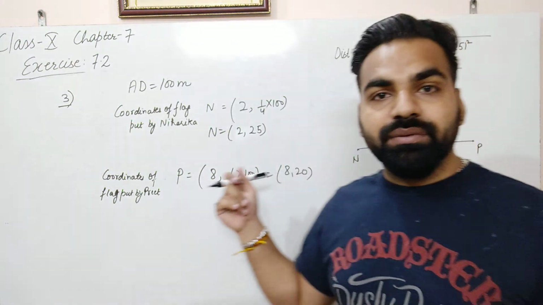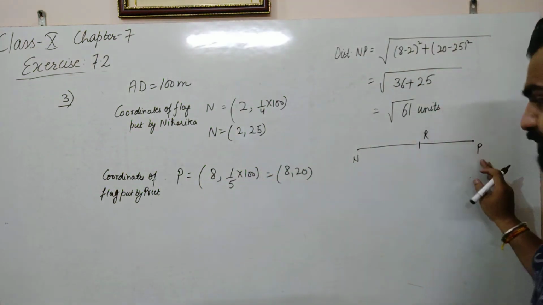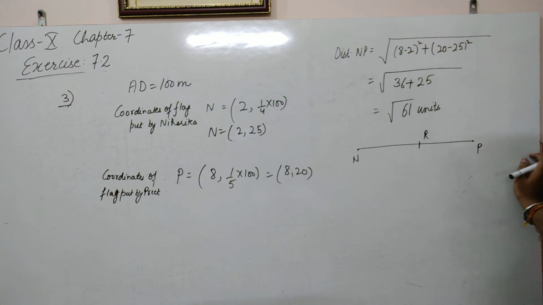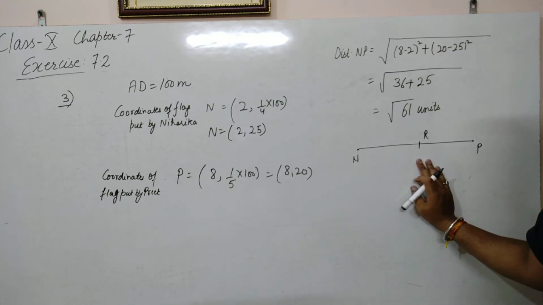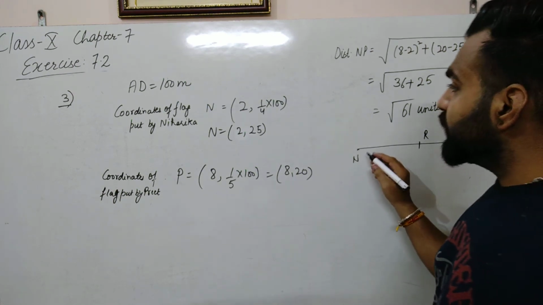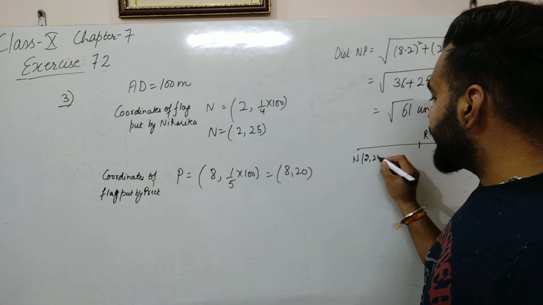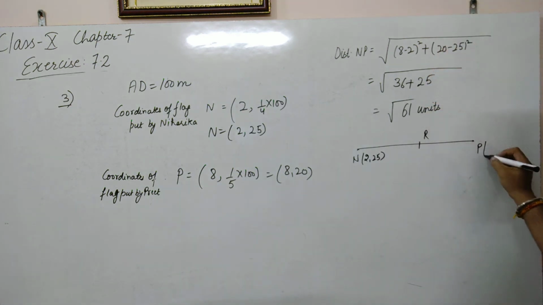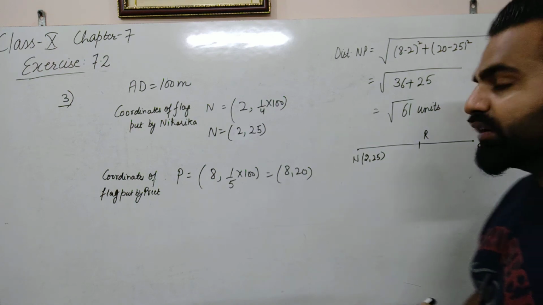That means R will be the midpoint of this line NP. We have to find the position of this flag, that means the coordinates of this point R. So the coordinates of N are (2, 25), the coordinates of P are (8, 20). So we have to find the coordinates of R.